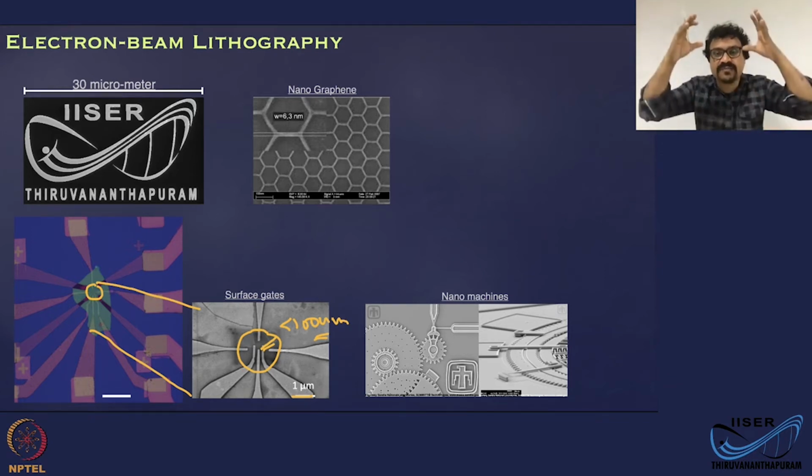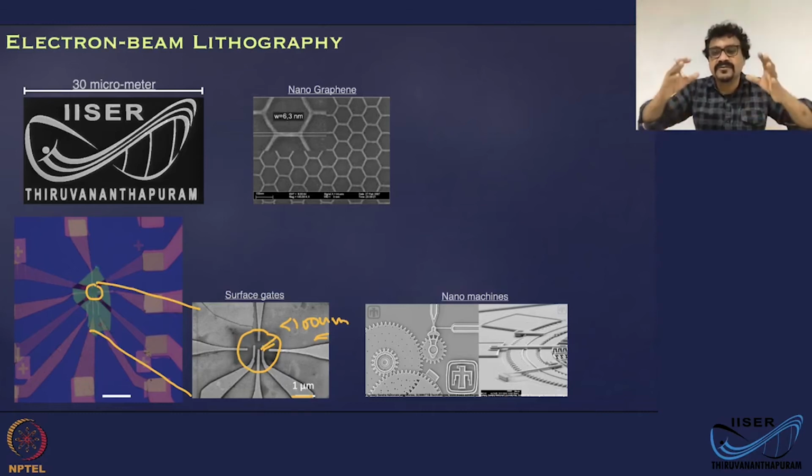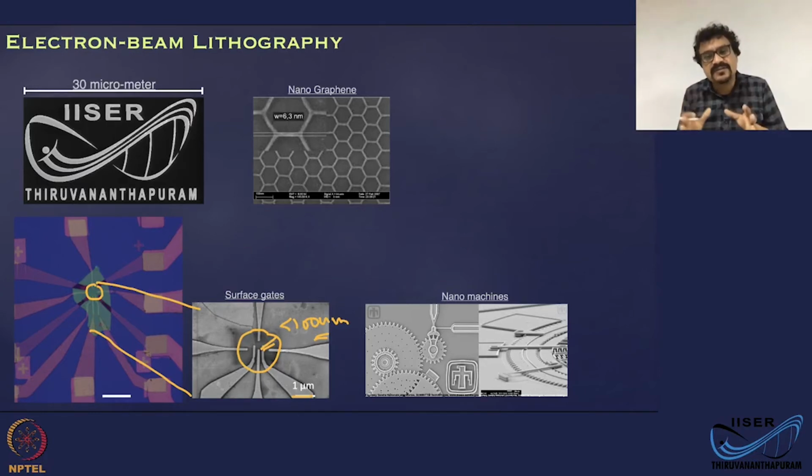You cannot expose the features across the complete wafer at once, because it is a writing process, whereas the other one is an exposing process. You have a mask and you expose all the regions at once. Here you write the features one by one. So this is not really compatible with ultra high throughput processes. You don't have as much yield as the photolithography process.